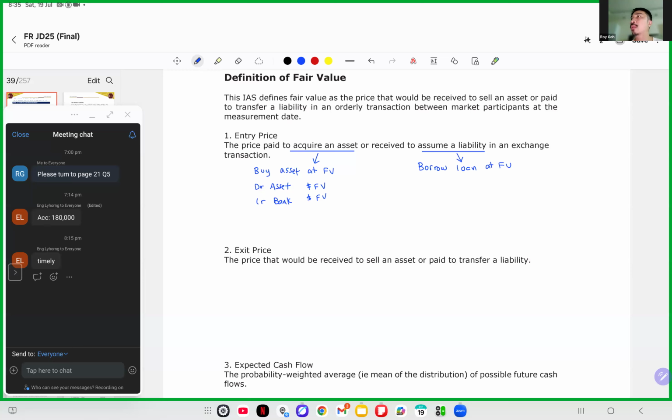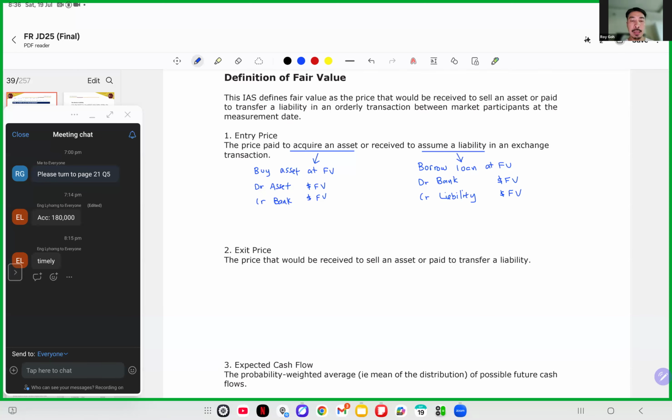In 2022, 3 years ago, the interest rate was as high as 5-6% for your fixed deposit. But it has since dropped to about maybe 2-4%. It has been dropping. So the interest rate will follow the market. So you will debit bank and you will credit a liability. I assume a liability means I borrow money. So this is your fair value.